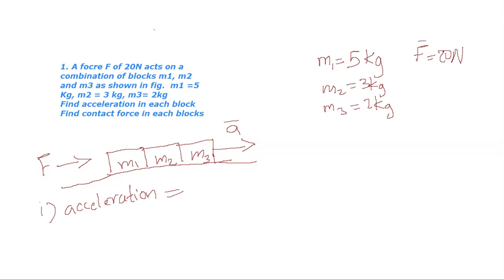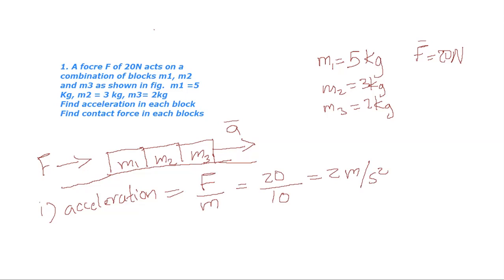So the acceleration, from Newton's law, is force divided by mass. Here force is 20 Newton and mass is the total mass of the system, M1 plus M2 plus M3, that is 5 plus 3 plus 2, that is 10, which gives 2 meter per second square.